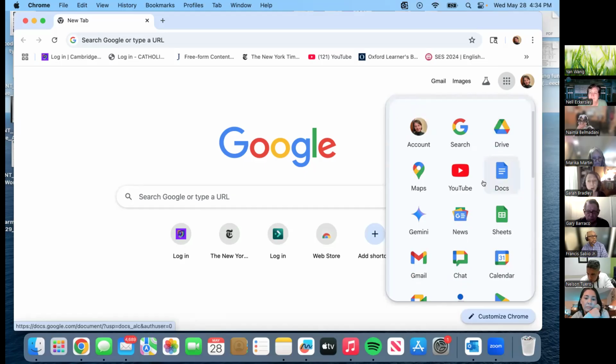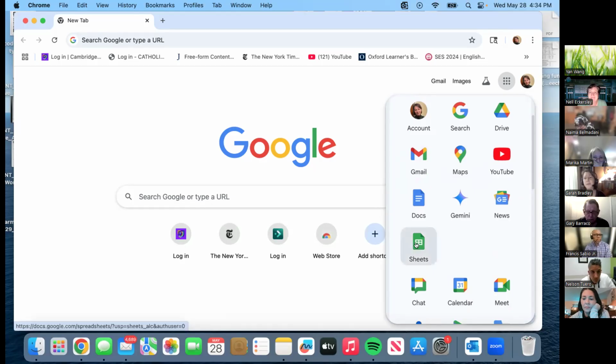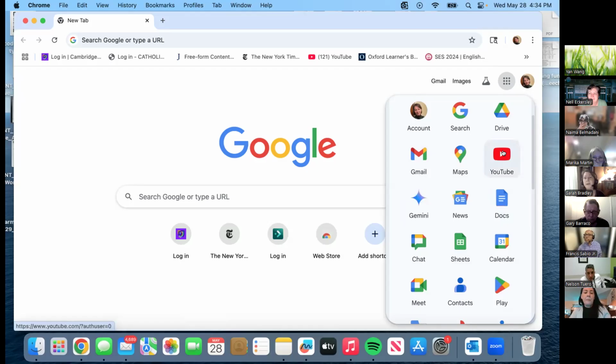I didn't know that you could change things around. Like if I used Gmail more, I could put it up there. But anyway, I learned that I could move things around. For example, Sheets I use a lot, and Docs I use a lot. I'm going to move this over. And the Drive is what I want to talk about today.